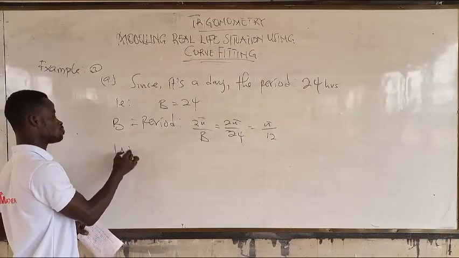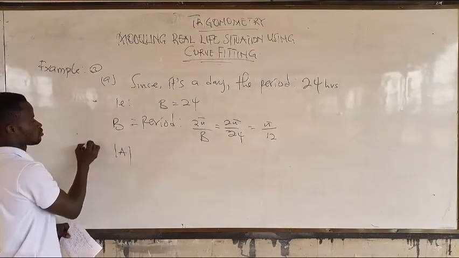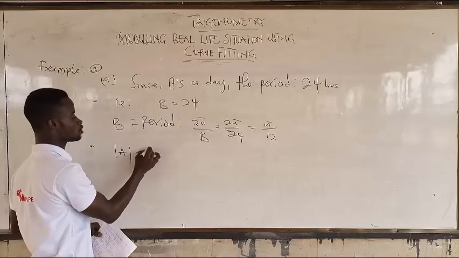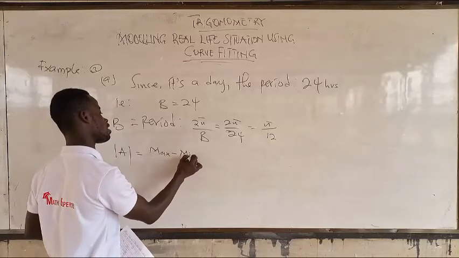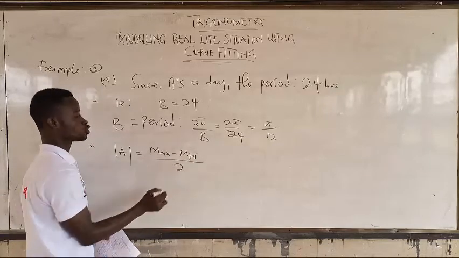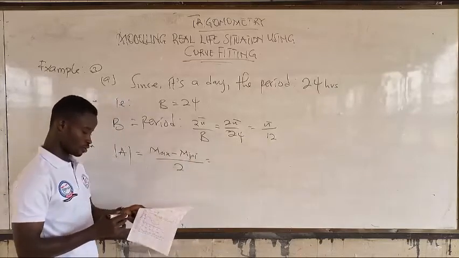You know that the amplitude is the maximum minus the minimum over 2. Very good.